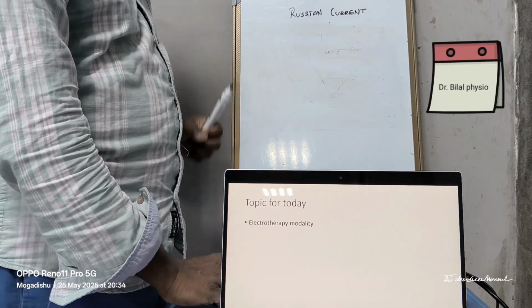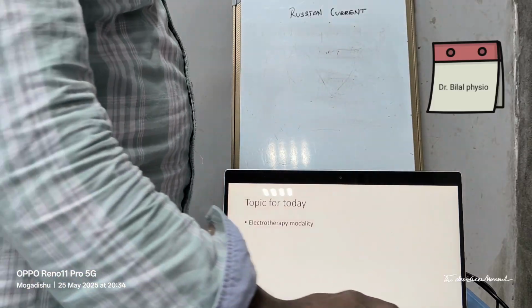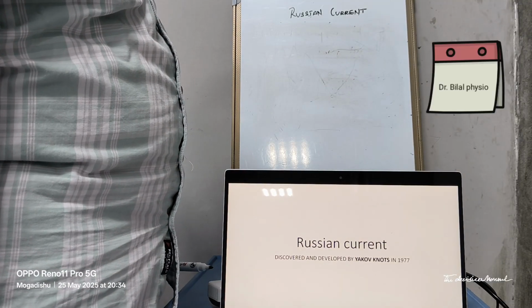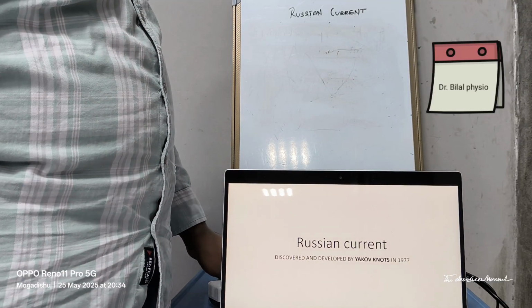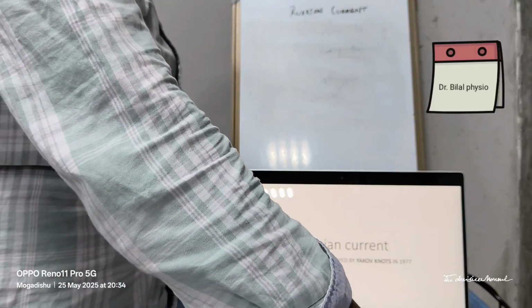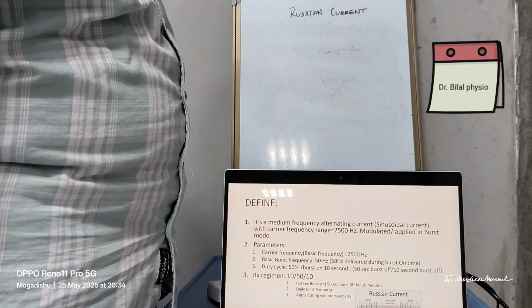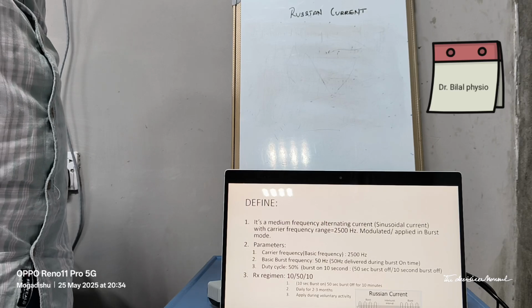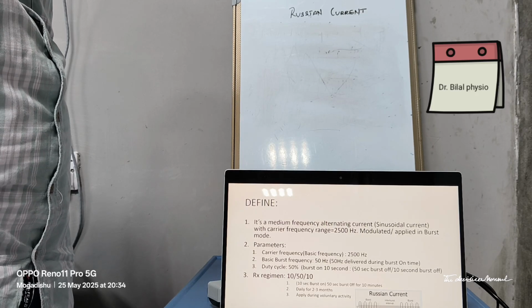Here we go through some of the slides which I prepared for you. So Russian current was developed and discovered by Yakovlev Kots in 1977. It's a medium frequency sinusoidal current with a carrier frequency of 2500 Hz, applied in burst mode.